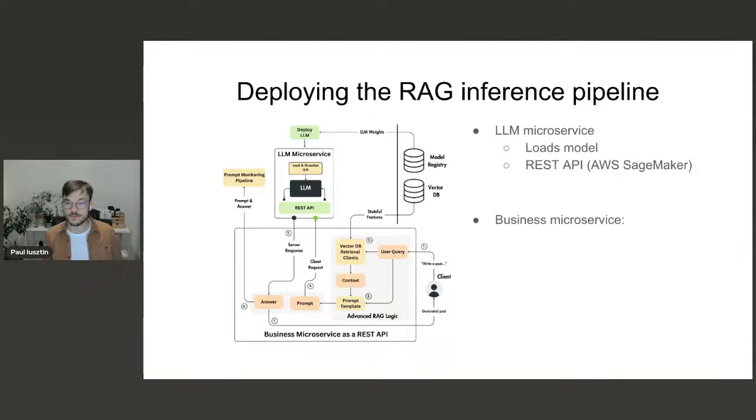And on the other side, you have the business microservice, which has all this advanced RAG logic, right? Usually you want to divide the LLM microservice and the business microservice into different services.